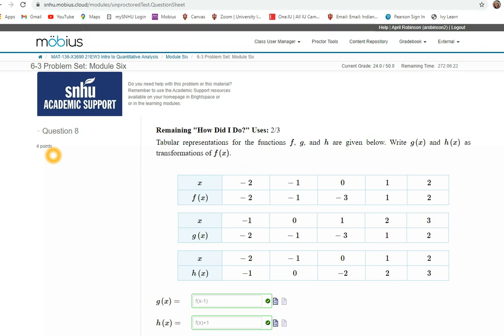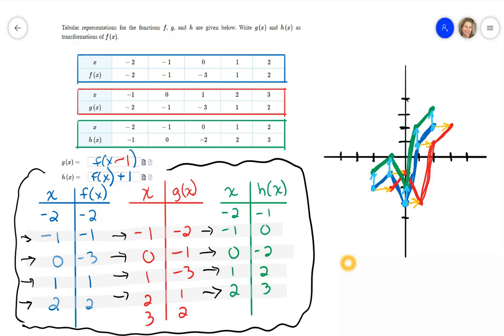Now you may be able to just analyze the numbers. All I'm saying is there are lots of -2s and -1s, and you could compare.